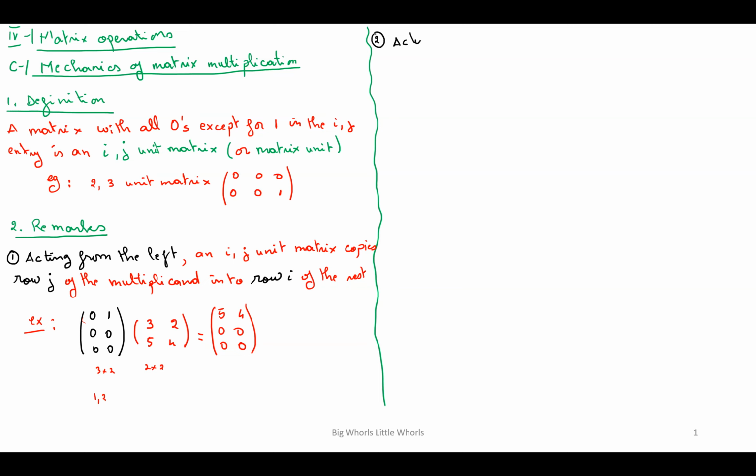Acting from the right, an ij unit matrix copies column i of the multiplicand into column j.